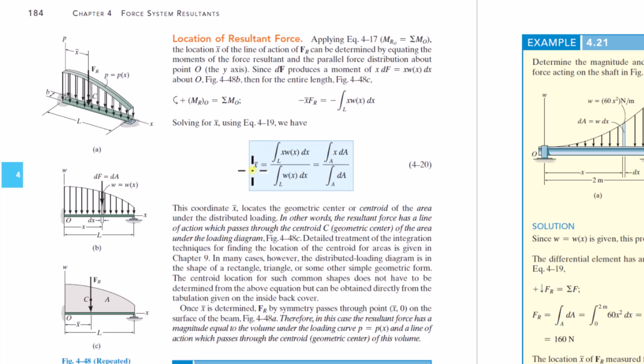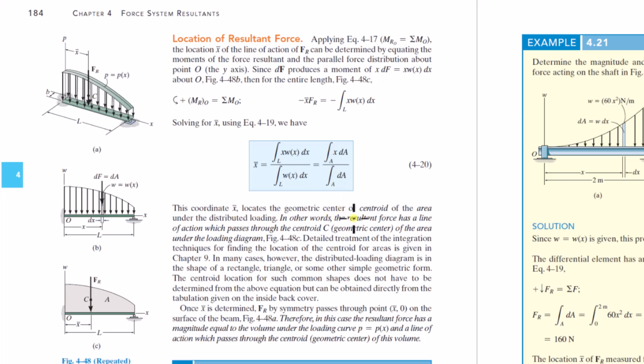And you get this. The location of the resultant force, because now if we put the resultant force at this location, we can remove the distributed load for our static analysis. That location is this here, integral x dA divided by the integral of dA. This is the moment of the area under the distributed load curve divided by the area under the distributed load curve.